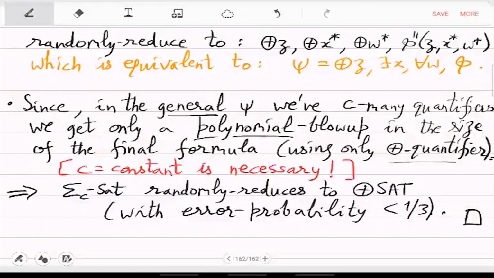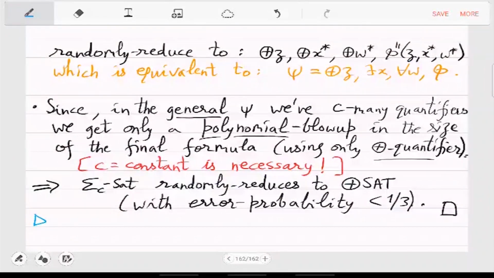Right? So this finishes our random reduction of PH to Parity-P. So PH randomly reduces to Parity-P, which is in P to the sharp P.